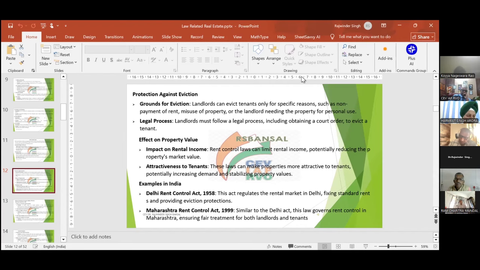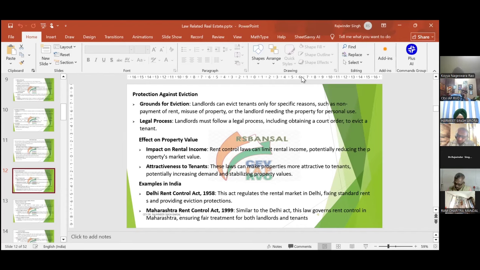So rent control can limit the rental income. There is freezing of the rent. You cannot get rent beyond the standard rent, thereby reducing the property's market value. As for attractiveness to tenants, these laws can make properties more attractive to the tenants, potentially increasing demand and stabilizing property values.